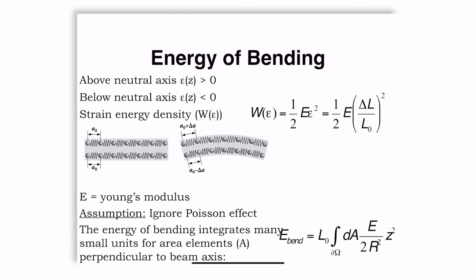Then the energy of the bending is related somehow to this idea that above the neutral axis the strain epsilon Z is positive, and the strain is negative below the neutral axis.